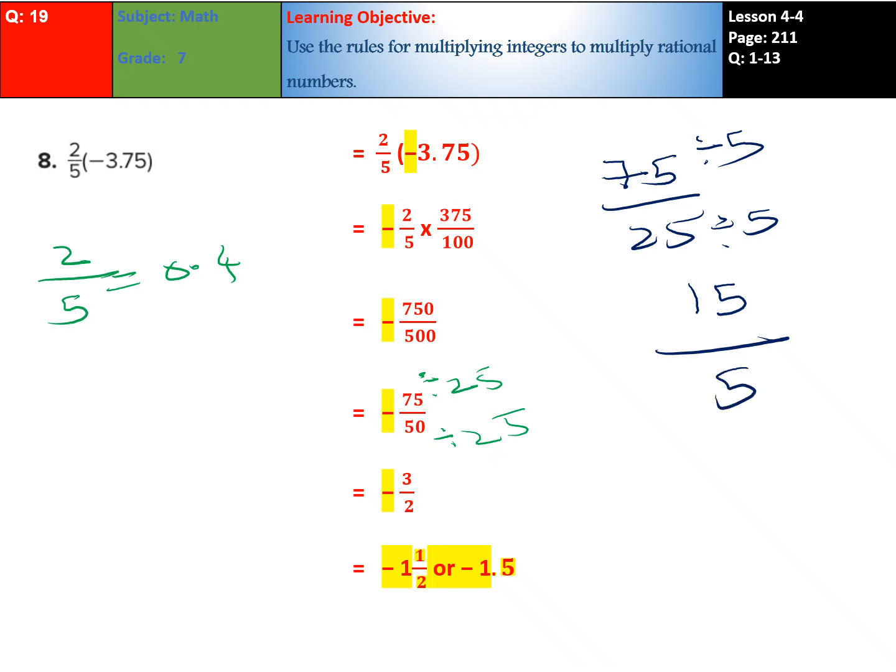Again one more step you will increase and you will divide it with 5 and 5, 3 over 2. Then again you can write it as mixed number or as a decimal. So either way you are going to get the same answer. So it's up to you which method you want to use for the question.